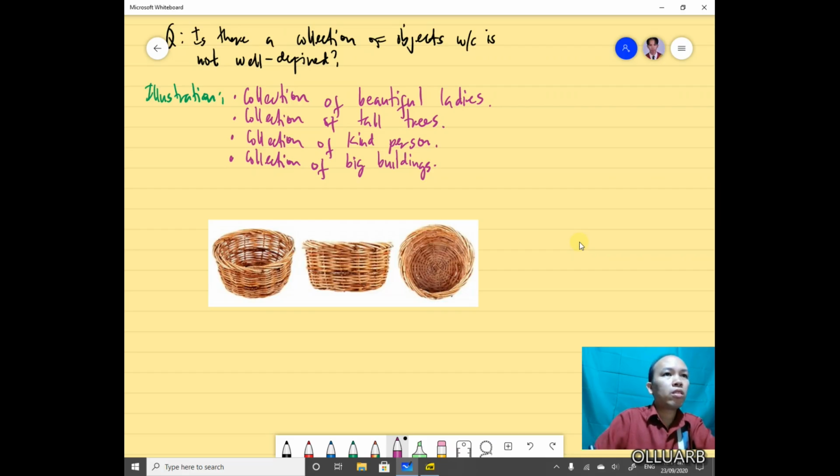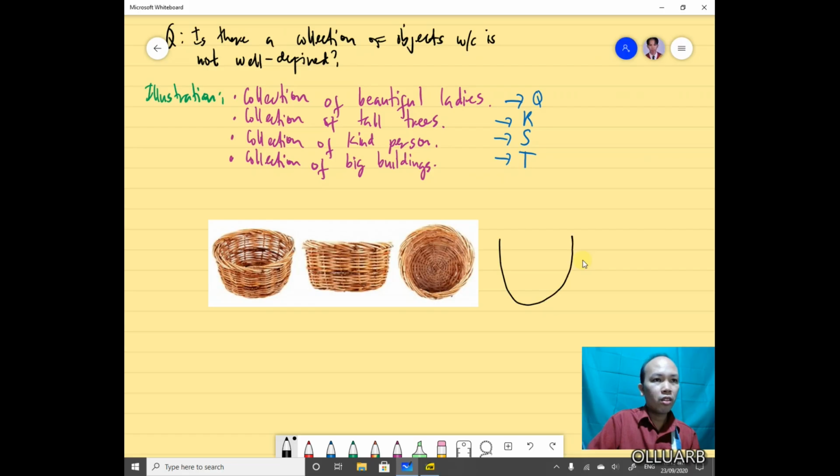Anyway, for example, this collection here, let's call this collection, let's try blue. We denote this as we use ABC. Let's try Q, and this one R, this is S, and this is T. We will denote that collection as Q, R, S, and T. Let me draw another basket here.